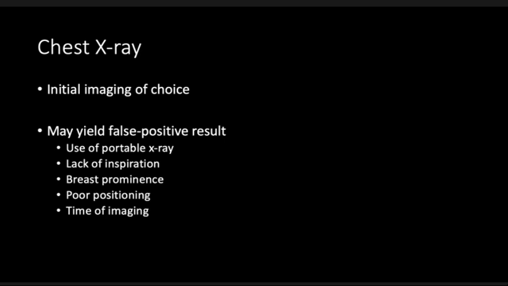Another factor is the time of imaging. If there is prematurity of imaging, it may present with a normal chest X-ray. But as we know, the absence of pulmonary findings in the chest X-ray at the time of presentation does not exclude the disease. So these are examples of false positive or pitfalls in chest X-ray.